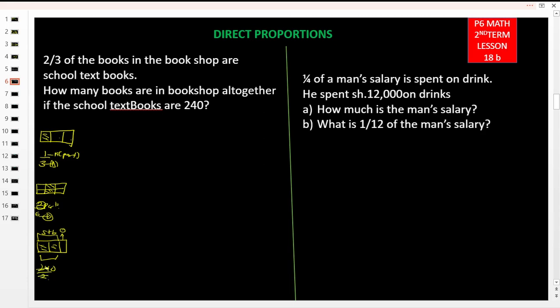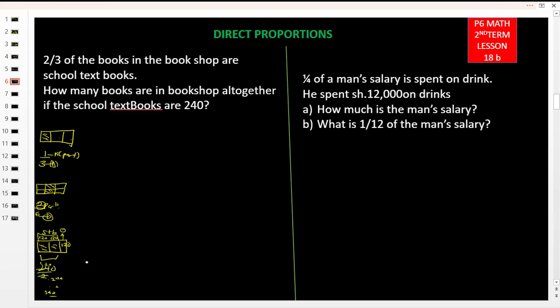If you divide by 2, you come up with 120, meaning there is 120 in this section, and even here there is 120. Because the fractions are shared equally, even this one, for other books, contains 120 books. So 120 plus 120 you get 240, then 240 plus 120 you get 360 books. If you use just this understanding, you've obtained the answer.